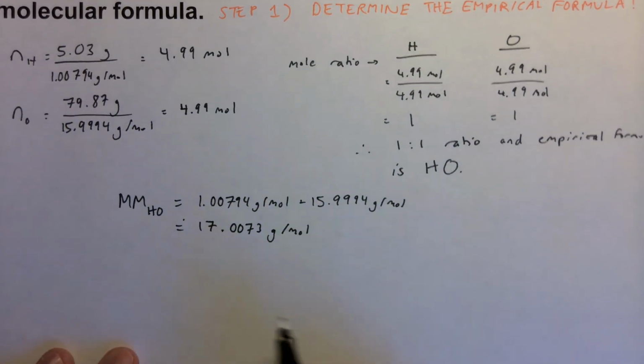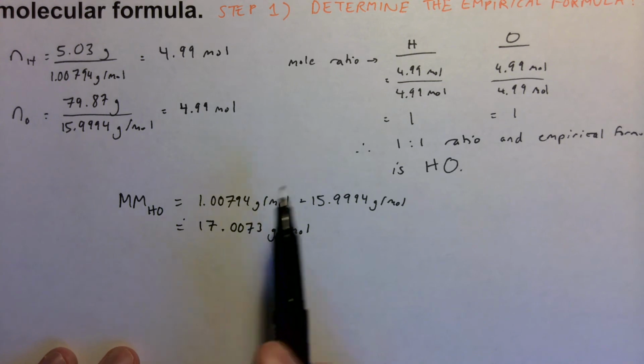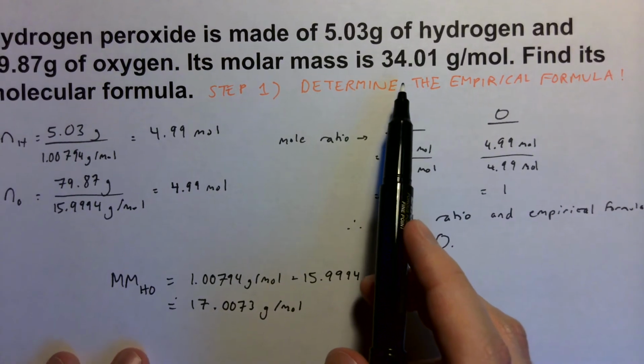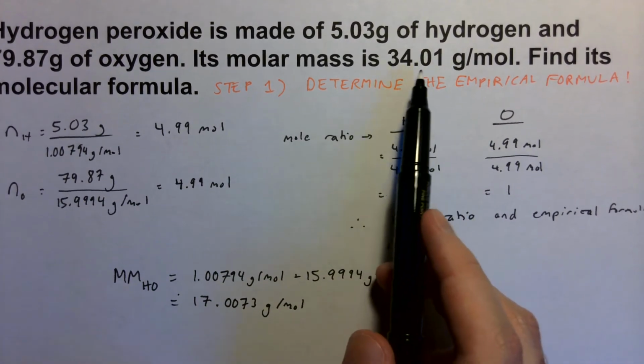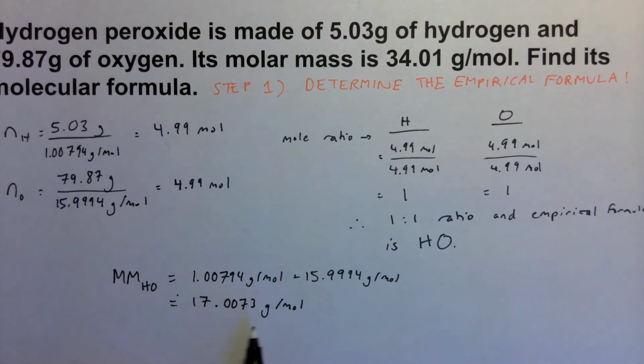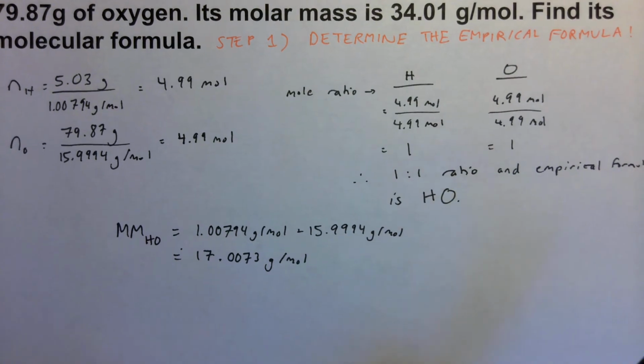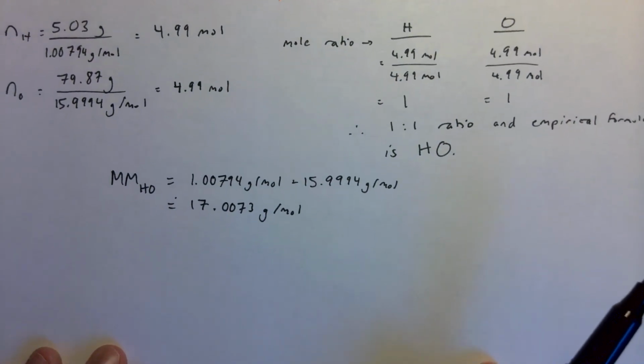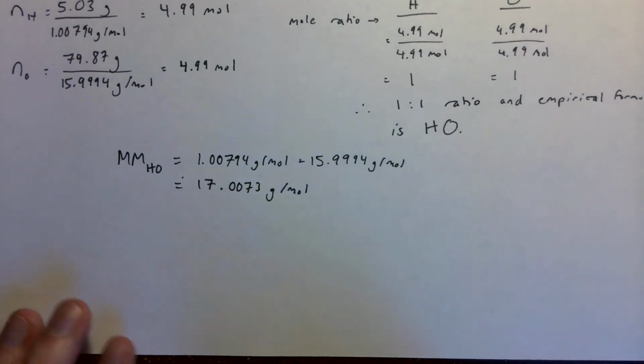So now we're going to divide the molar mass of the actual molecular compound by the molar mass of the empirical formula for the compound, and that will give us a multiplier to be able to determine what's the actual molecular formula here.